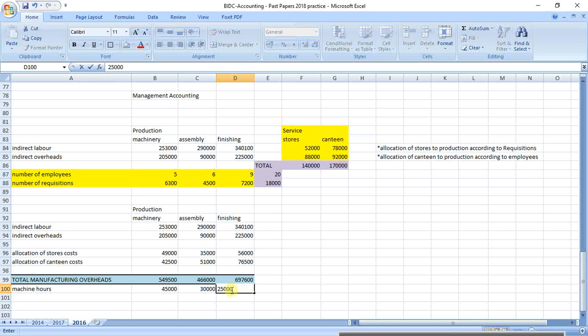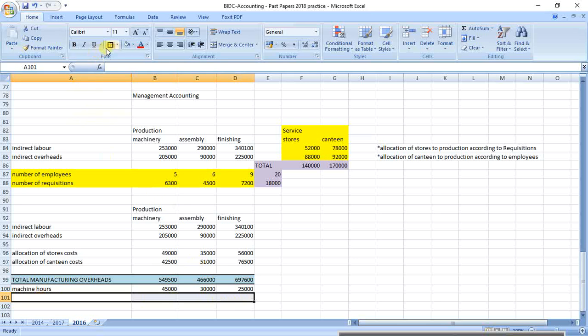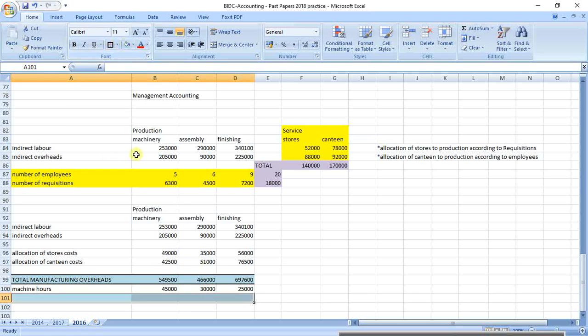Great. So is this another absorption thing? Yeah, to get the rates. Okay, so now if I want a rate, I'm going to divide. So the manufacturing overheads absorption rates would be the one divided by the other.